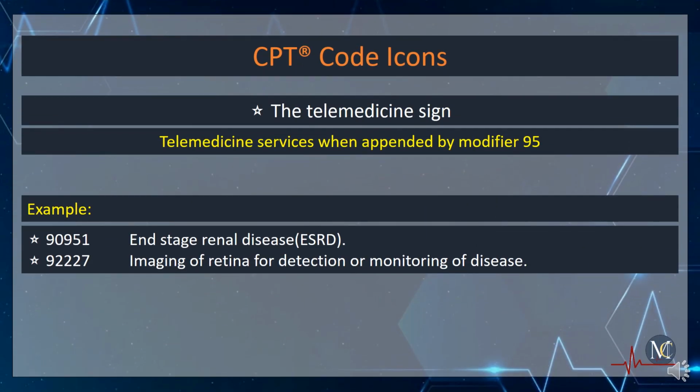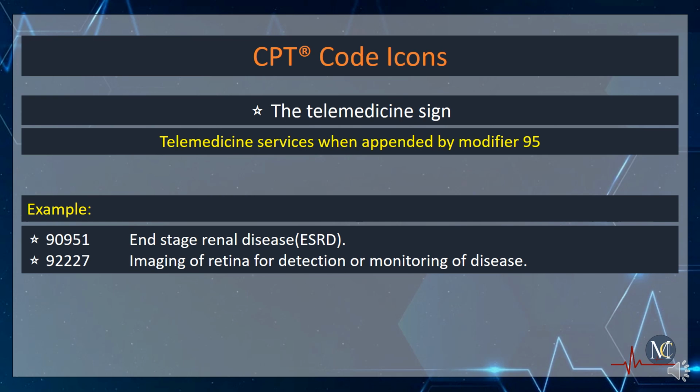Our next icon is the star sign, which shows telemedicine services. Telemedicine services are the exchange of medical information from one place to another through electronic communication. The codes with this sign indicate that the physician and the patient communicate with each other via an audio and video telecommunication system.